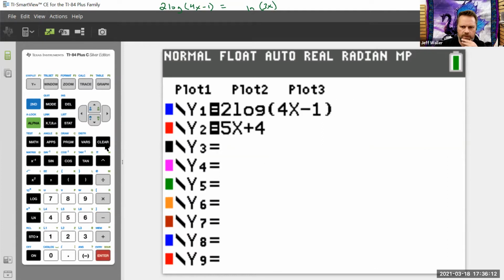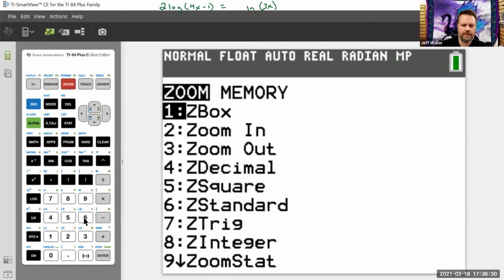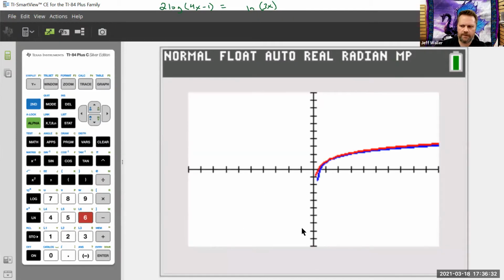And I'm going to put the other side, natural log of 3x, in y2. Let's see if this makes any sense. I'm going to do zoom 6. I almost always do zoom 6 because I don't know what I did to my window before. If I always do zoom 6, it takes me back to a 10 by 10.